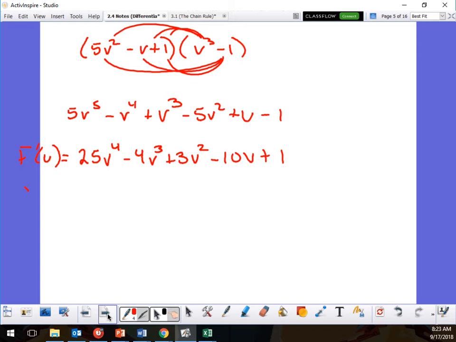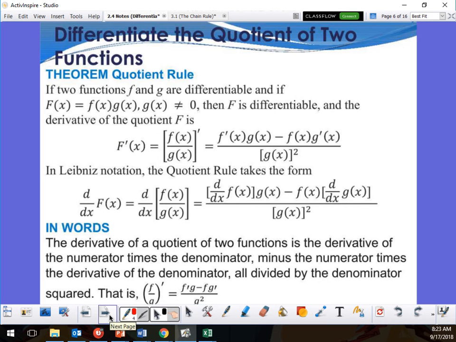Okay, so let's take a look at the next one. So quotient rule. Now quotient rule. So all this gobbledygook comes out to here. So it's basically the exact same thing that we just had, but since it's a quotient, it changes this to minus, right?